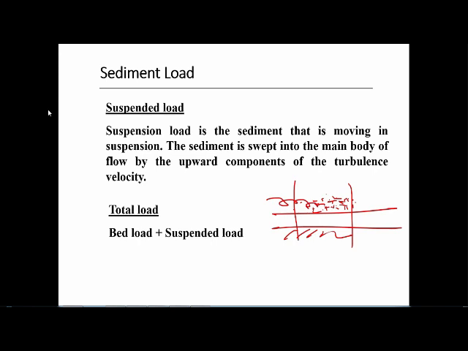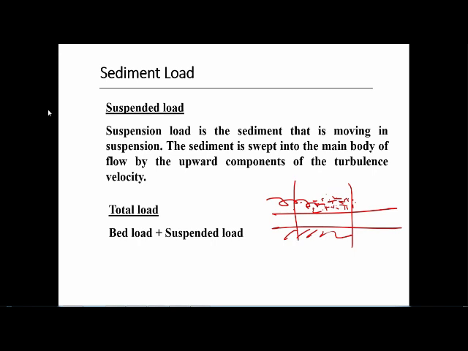So velocity plays an important role in the process of suspension of the sediments, and that is because the weight of the particle is less, so the gravitational force is also less.